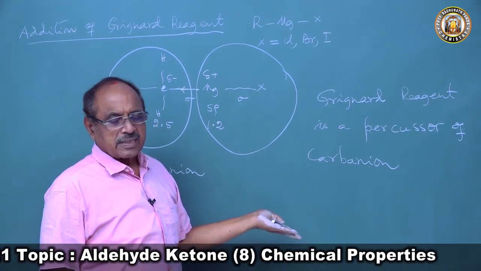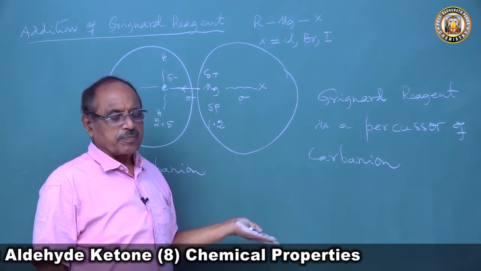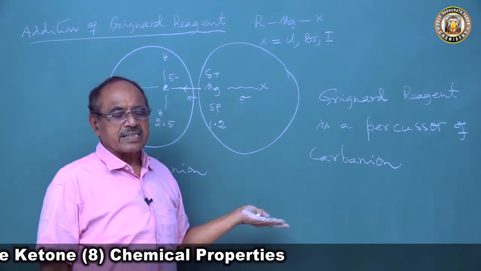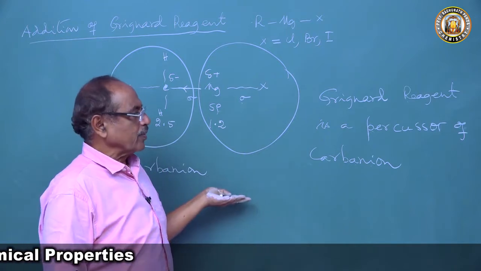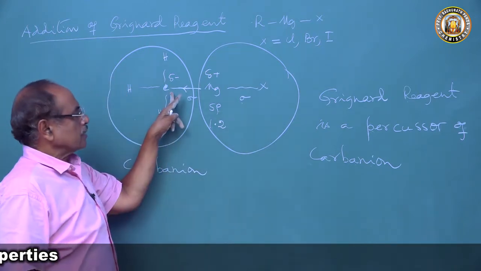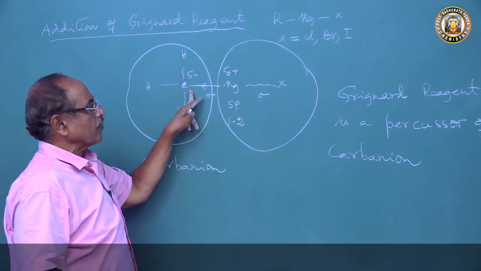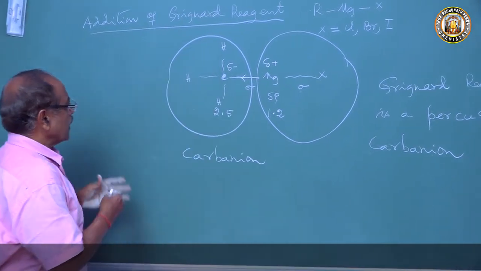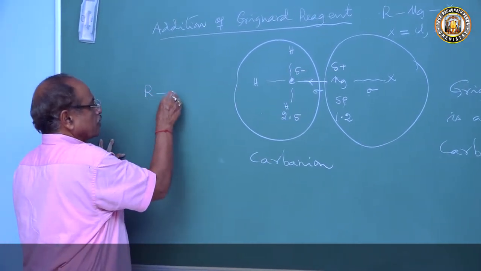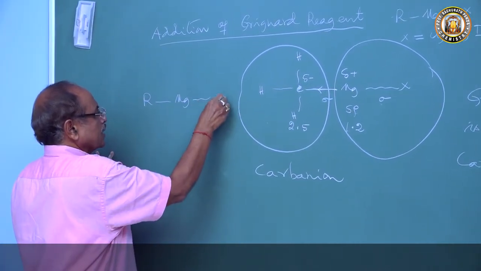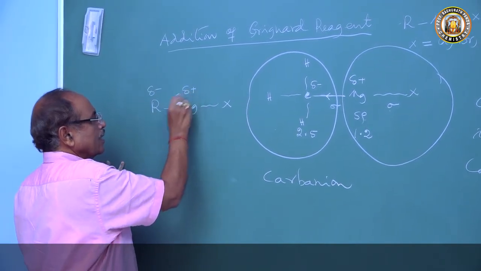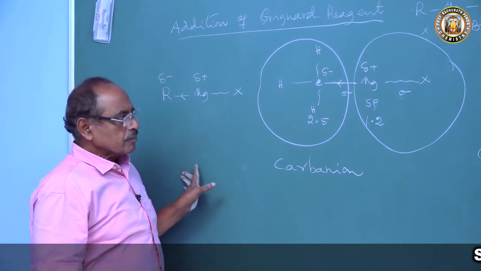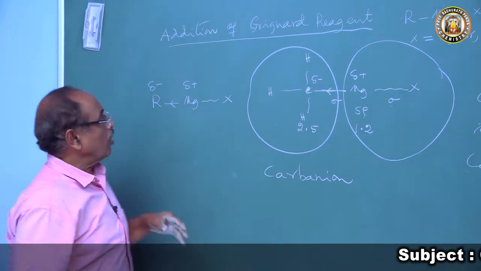I will also be discussing the preparation and synthetic applications of Grignard reagent, taking 2 or 3 periods to explain. For now, just take that it is a precursor of carbanion. That means in RMgX, R has a negative charge and magnesium has a positive charge. This is common knowledge.